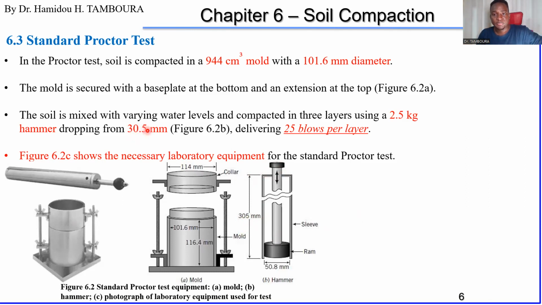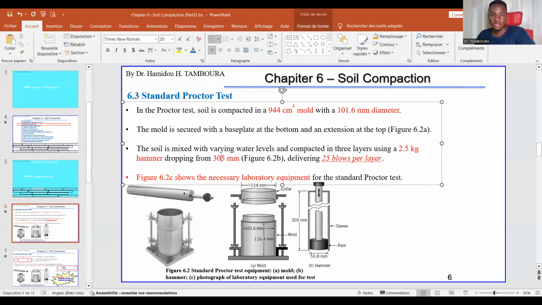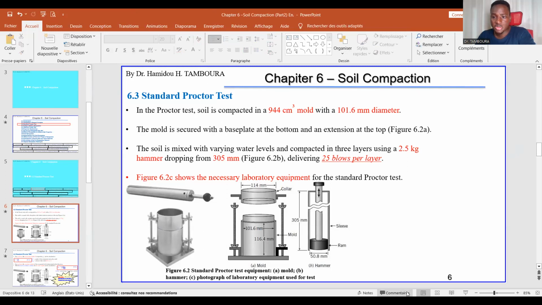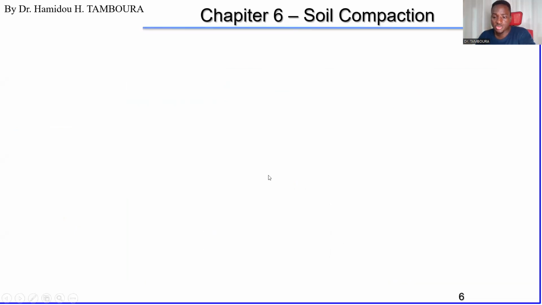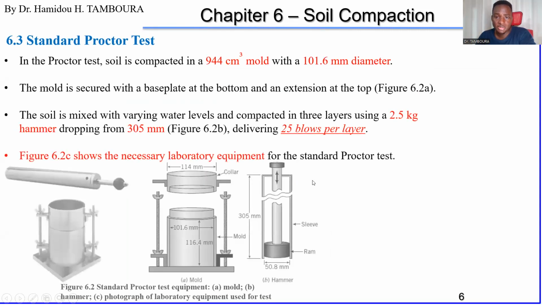Okay, sorry, we have to correct that. Let me correct it better. Or if you do that, you have to put in centimeter. All right. These are the equipment you need to do the standard Proctor test in the lab, in your lab.